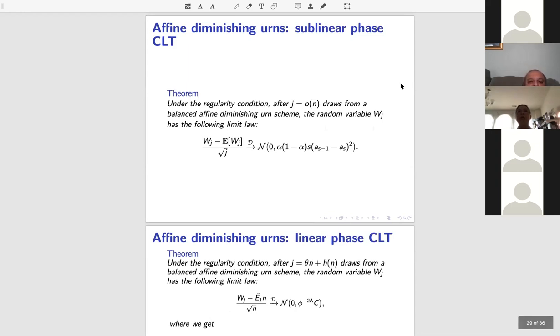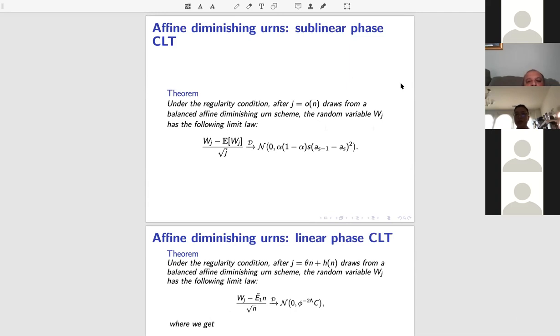By calculating UJ and VJ, we are able to prove that in the sublinear phase, the scaled version of WJ converges in distribution to a normal limit. And the scaling in the sublinear phase is the square root of J.